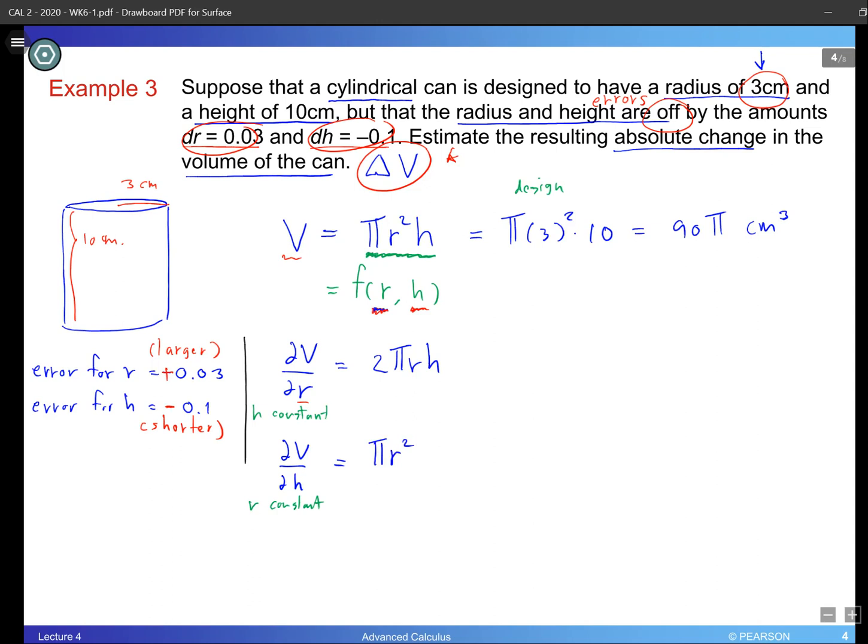The next thing I'm going to do now is to move this dr to the other side of the equation, and the same with dh. Now let's take a look at what we have right here.